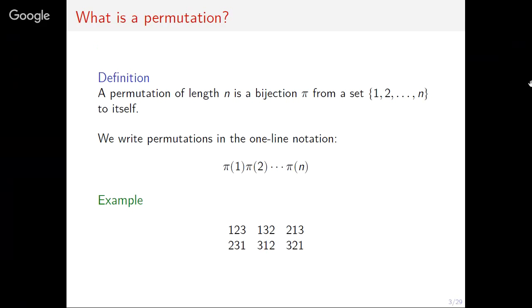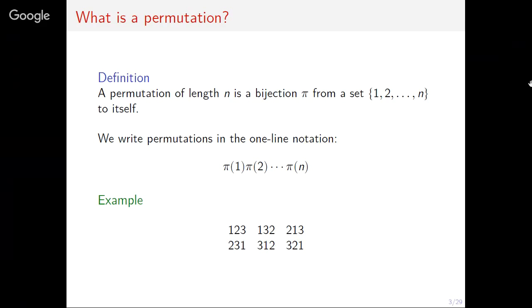So formally, we say a permutation of length n is a bijection from a set to itself. And we write the permutations in the so-called one-line notation simply by concatenating the values of each element. As an example, these are all the permutations of length 3.